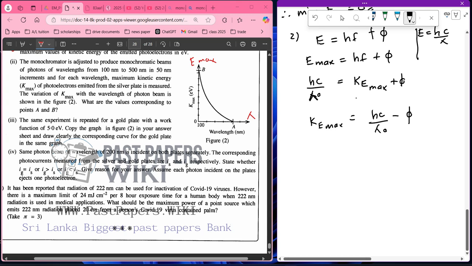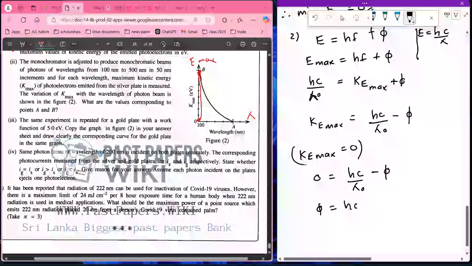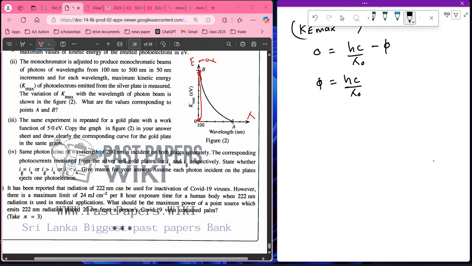Because the maximum kinetic energy here is actually 0, right? Since Ek max is equal to 0, we write 0 equals hc divided by lambda naught minus psi, and thereby psi equals hc divided by lambda naught. Next we need to find A and B. A gives the lambda and B gives the Emax.